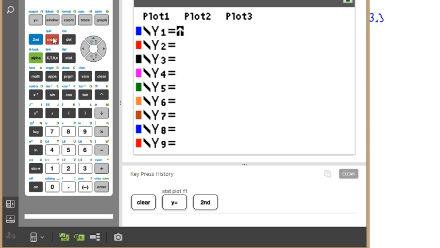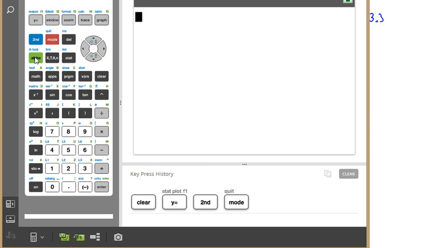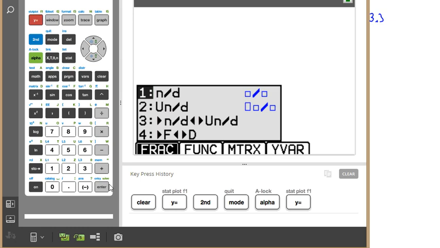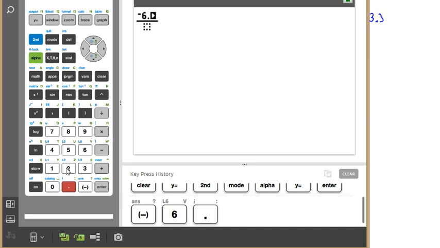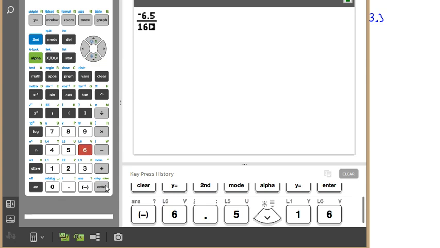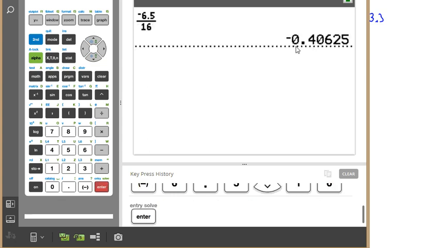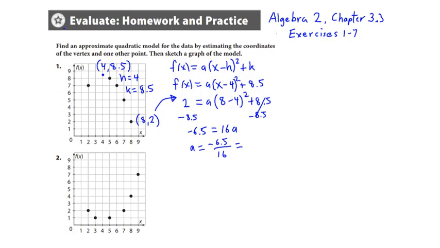So I'm going to get out of this mode. Negative 6.5 over 16. And for that, we get negative 0.40625. So we'll go to 3 decimal places, and we'll say approximately equal to negative 0.406.